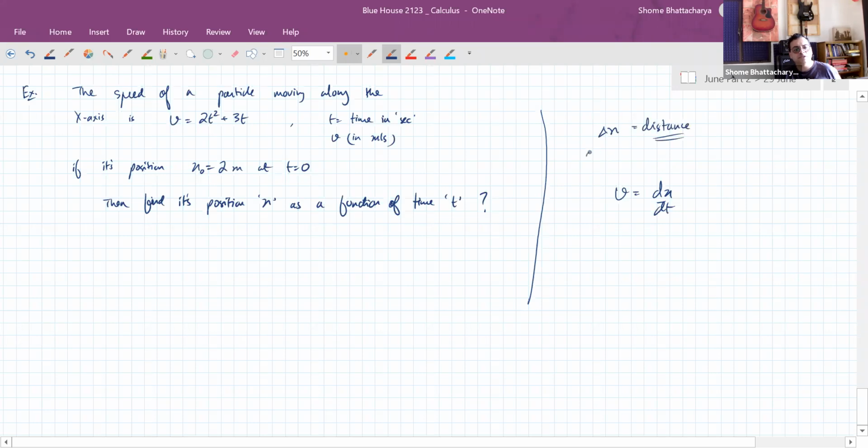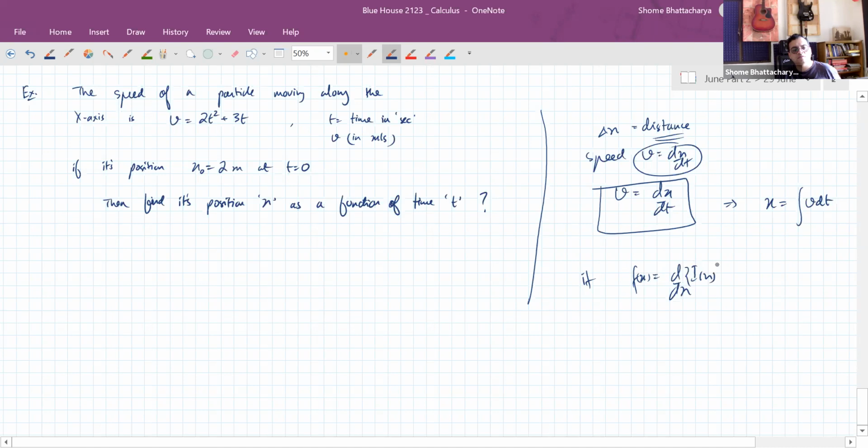So speed is dx by dt, instantaneous. What this means is that x should be the integration of v dt. It is like this: if f(x) is the differentiation of I(x), then I(x) is the integration of f(x).